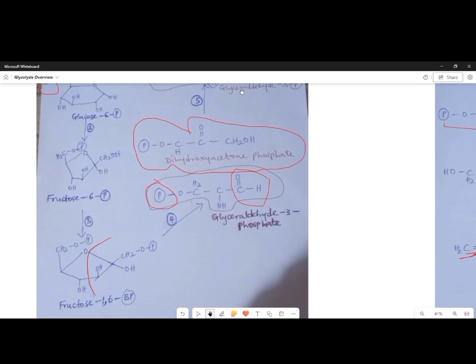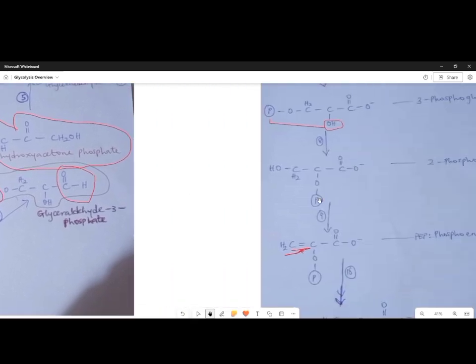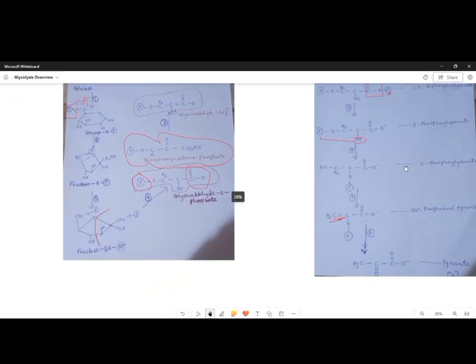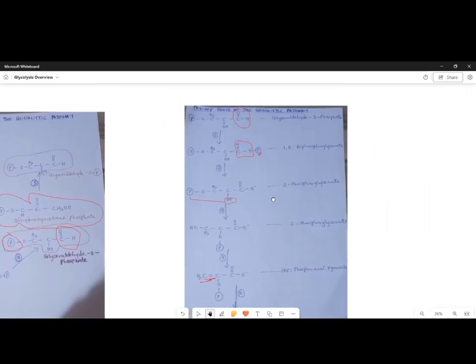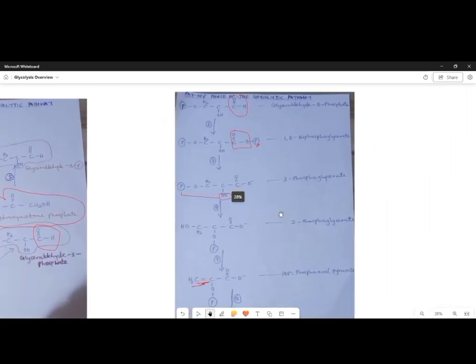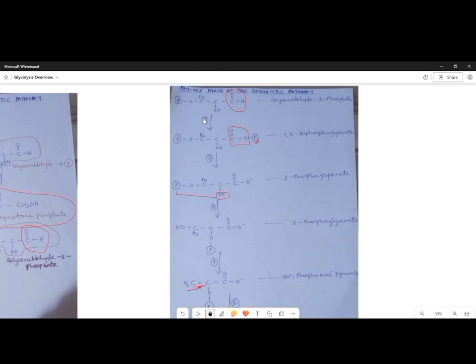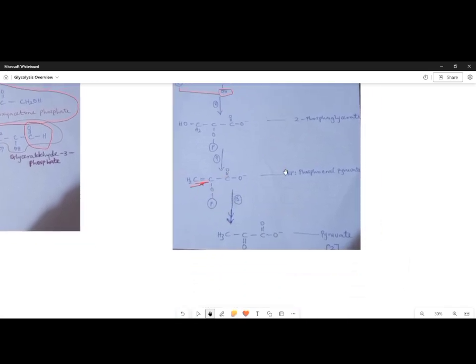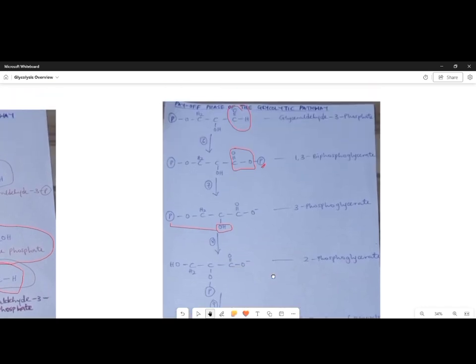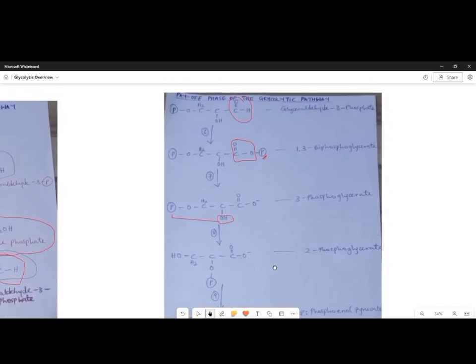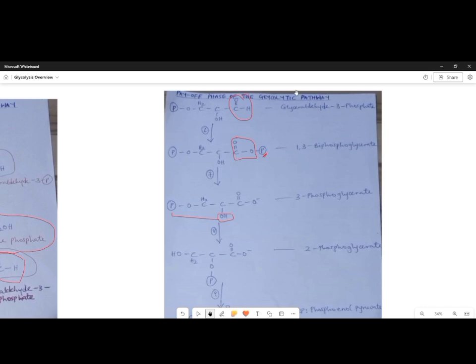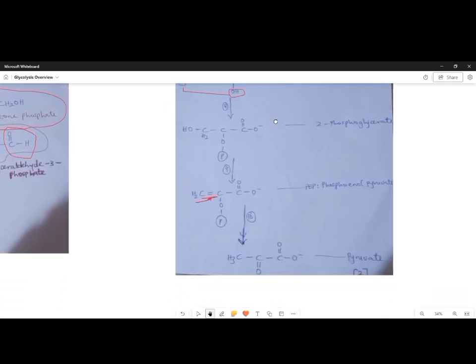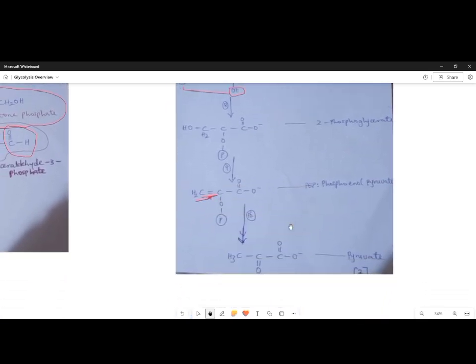Now these two molecules of glyceraldehyde 3-phosphate will undergo this exact same reaction in the payoff phase from step 6 to step 10. So all we have seen is the specific molecules and reaction steps of one molecule of glyceraldehyde 3-phosphate to produce one molecule of pyruvate.